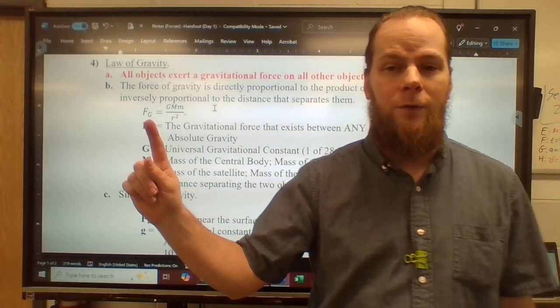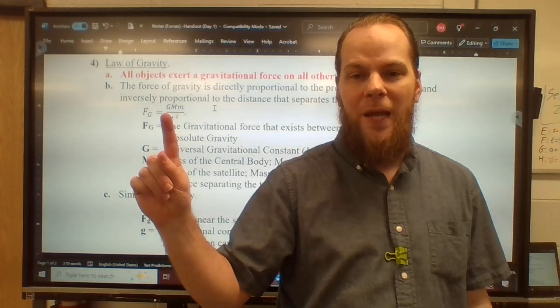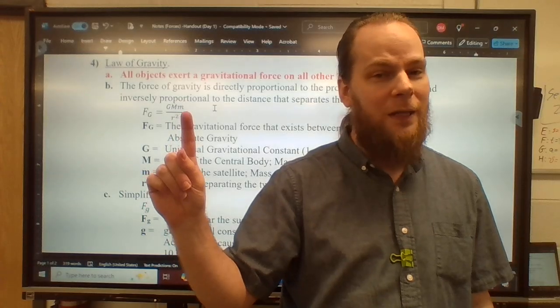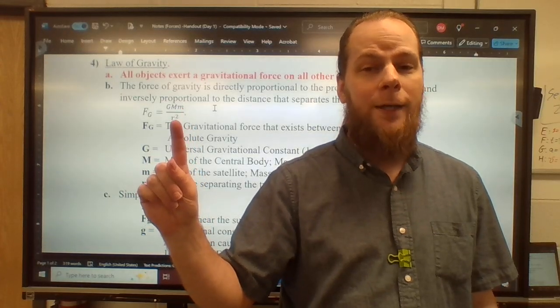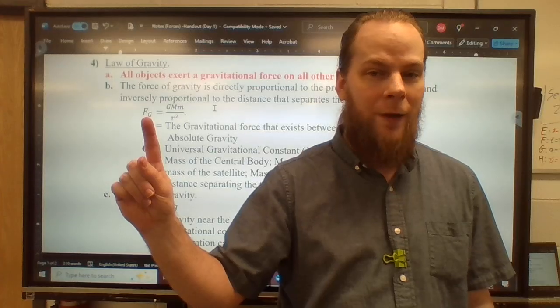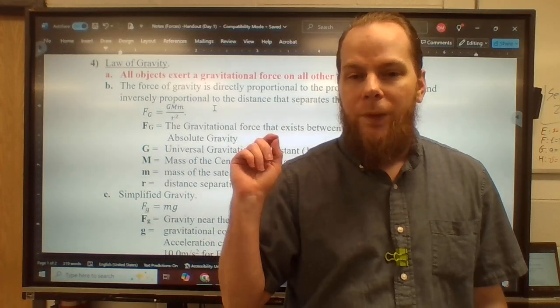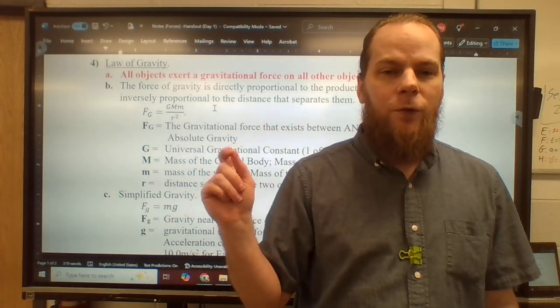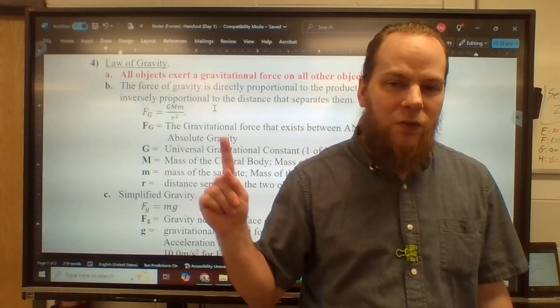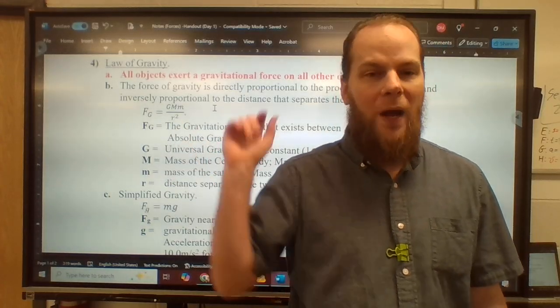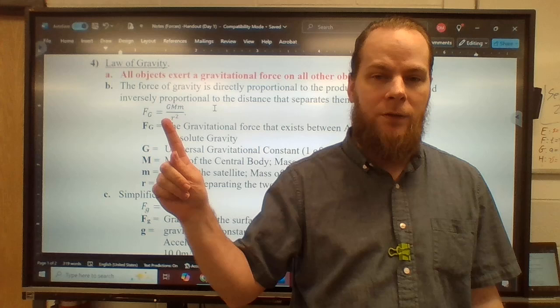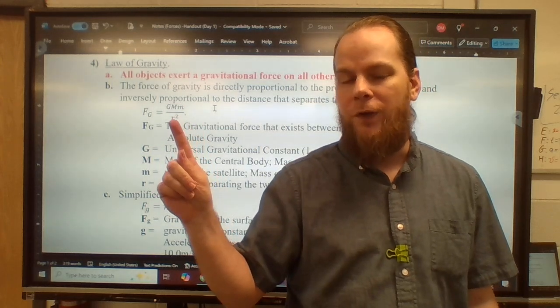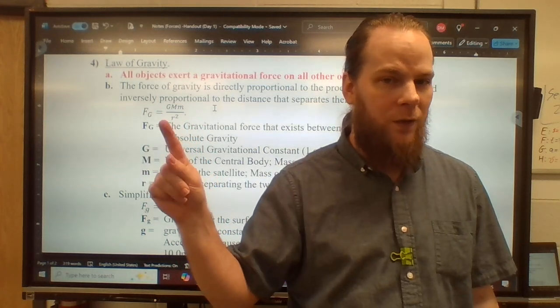Okay, now this is Newton's gravitational law. It is an equation. Okay, it says that big G times big M times little m divided by r squared is equal to the gravitational force. Now, Newton's gravitational force is also known as the absolute gravity. This is true for any two objects. You can calculate the gravitational force that exists between any two objects with this.